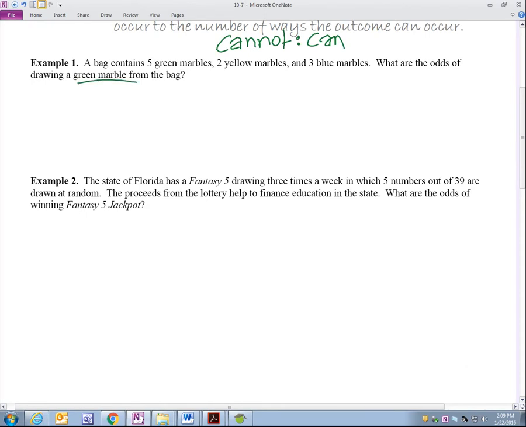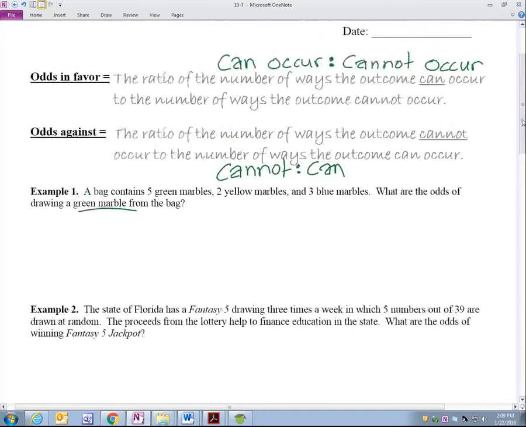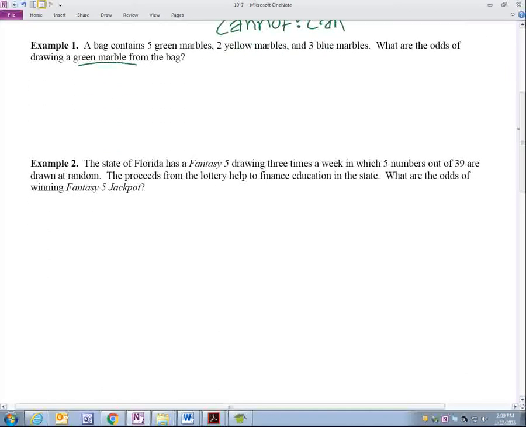So we're looking at the number of ways the outcome can occur. How many ways can this outcome happen? This is just a number, because we're finding the ratio. This is going to be the first number, the amount of ways that it can occur. We're looking for a green marble.